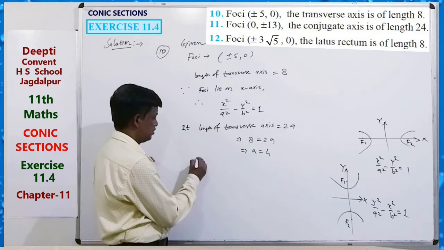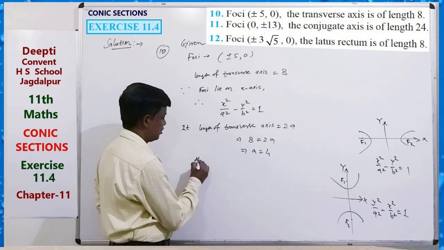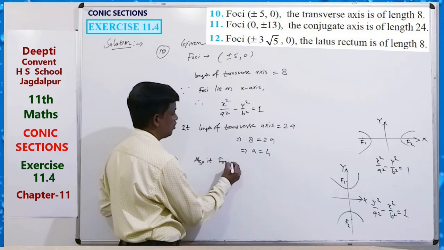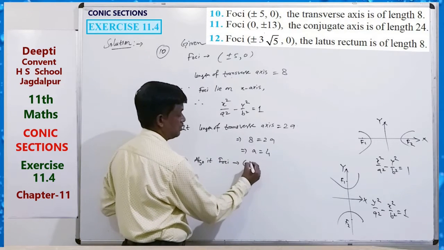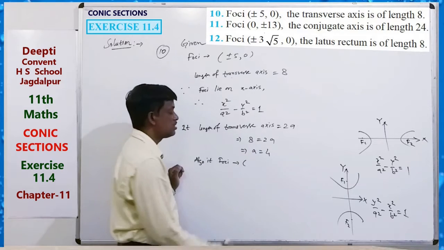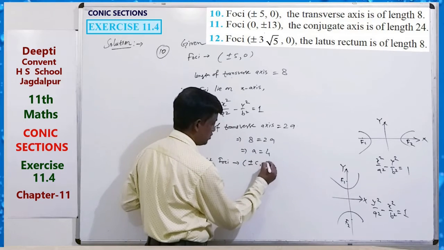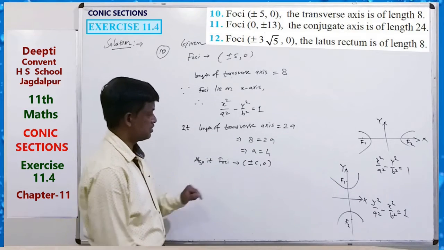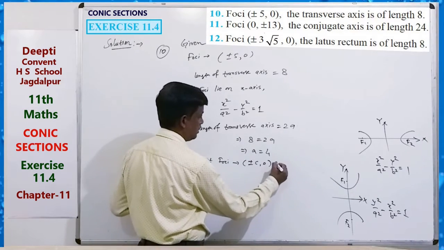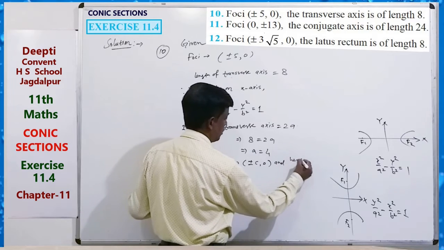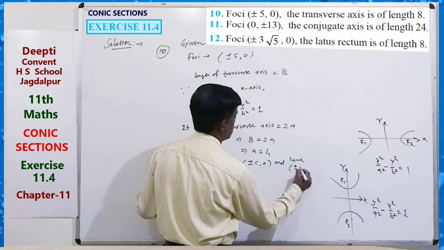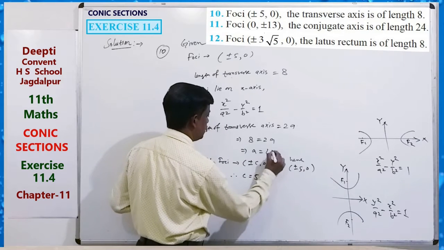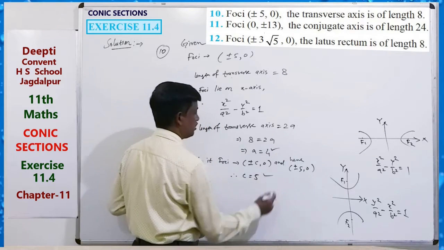Also, its foci are plus minus c, 0, and here plus minus 5, 0. Therefore c equals 5. Therefore c is 5 and a is 4. We can find b.